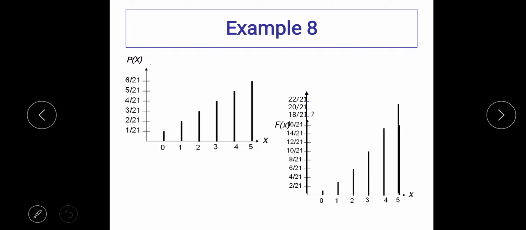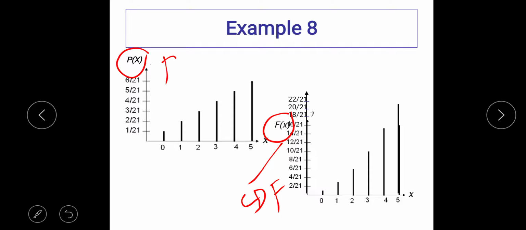And of course this is our cumulative distribution function. This is our probability distribution function, and the cumulative distribution function keeps on increasing because the probabilities are accumulating.